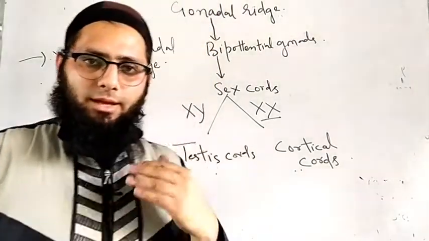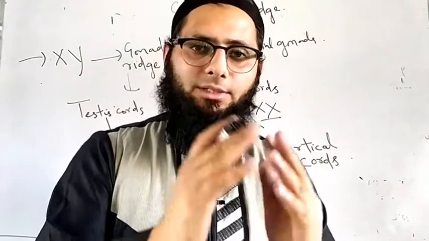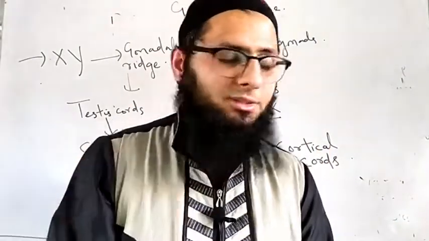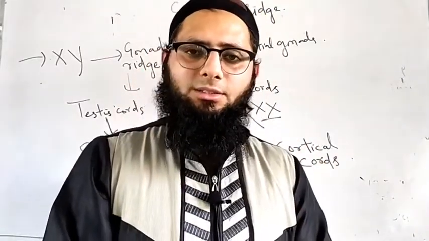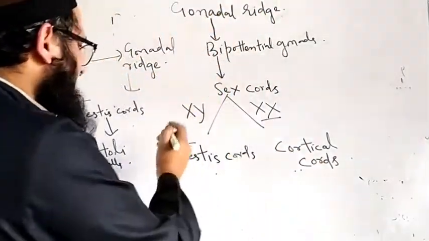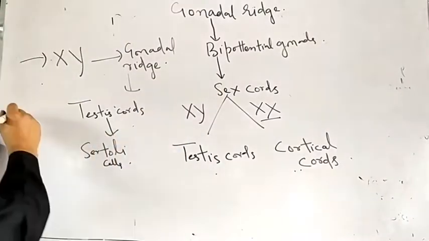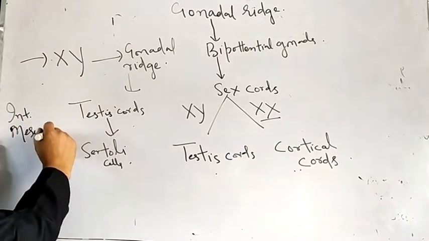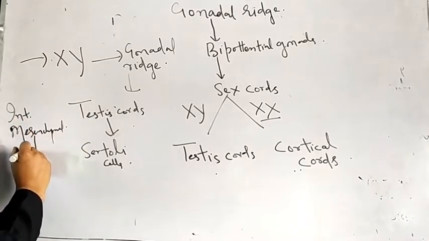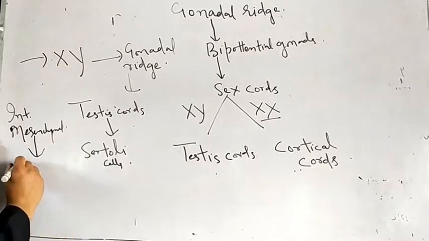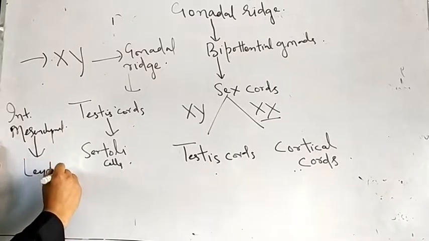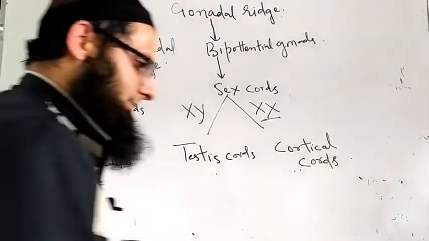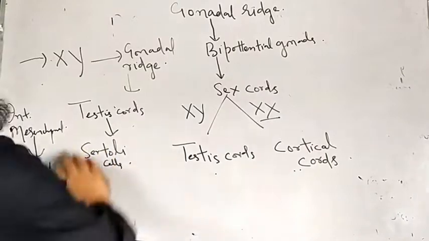Adjacent to this, we have some mesenchymal cells too, because it's growing deep into the mesenchymal tissue. So in the surroundings there are mesenchymal cells, which we could call interstitial mesenchymal cells. They will develop into Leydig cells. So let us see.